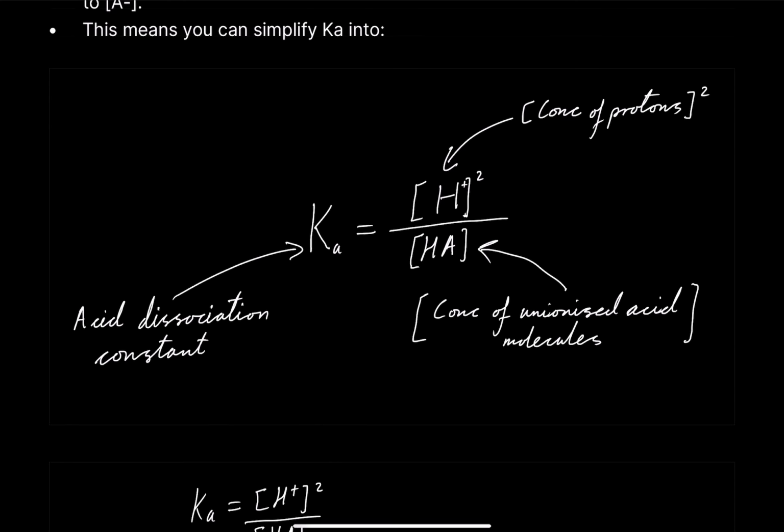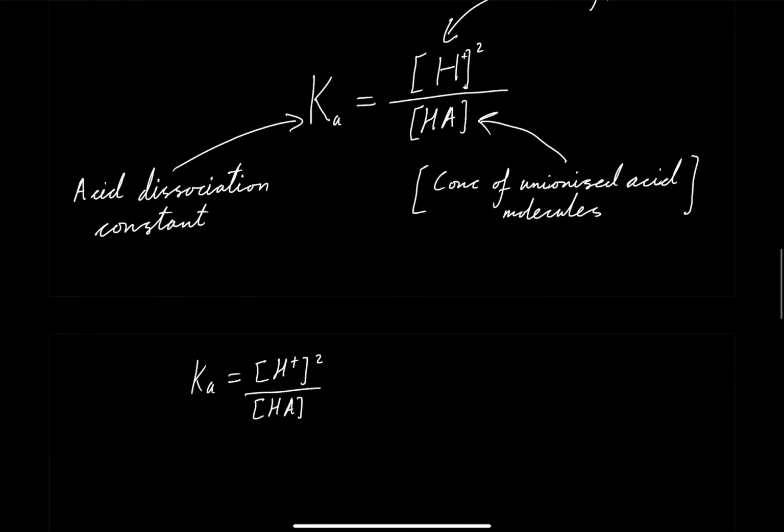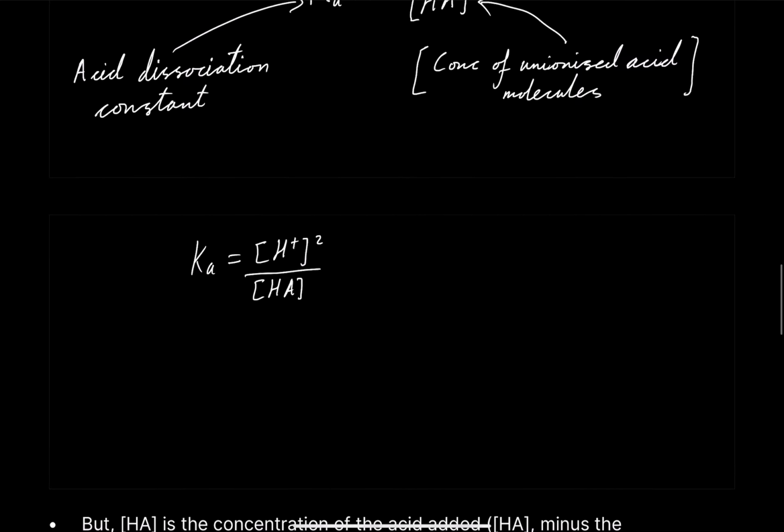Ka being the acid dissociation constant, H plus representing the concentration of protons, and HA representing the concentration of unionized molecules.